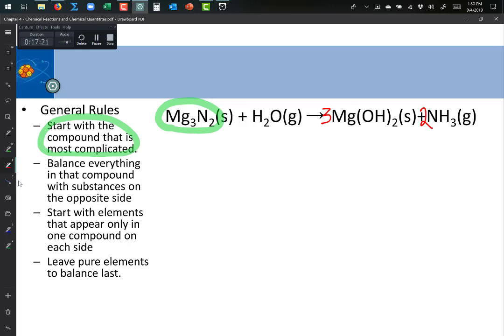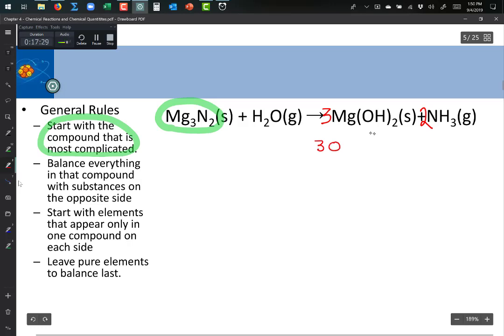All right. I have how many oxygens here? I have 3 oxygens, right? Because I'm looking at, sorry, I have 6 oxygens. So I'm going to look at these guys here. There's 2 here times 3, so I have 6 oxygens on this side. And then I have how many hydrogens? I have 2 times 3 here, right?